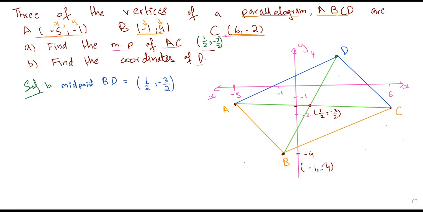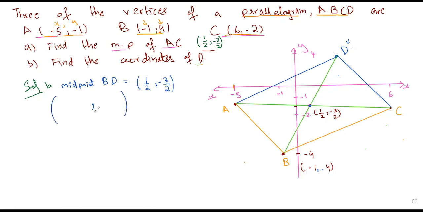Okay, so we know that the midpoint of BD would also be 1 by 2 and minus 3 by 2, because that is the midpoint of AC and these points are being shared. We know the coordinates of B, minus 1 and minus 4. I want to find the coordinates of D. So how do I find the midpoint of BD?